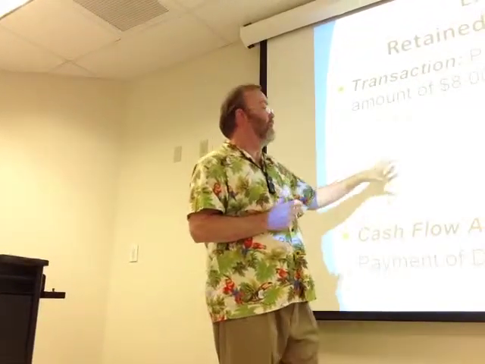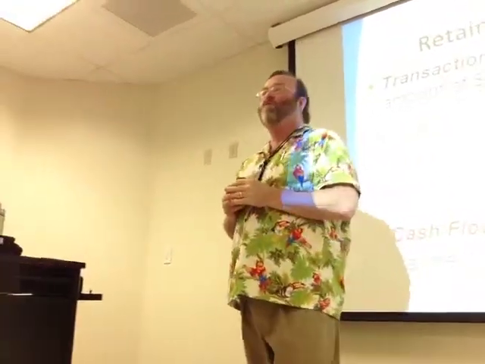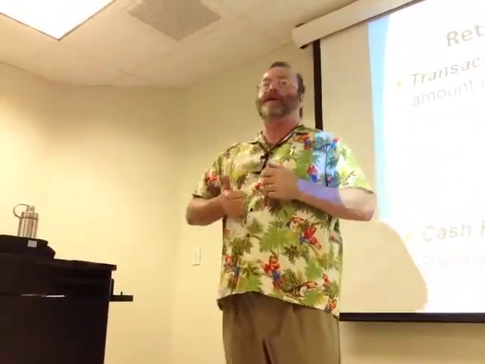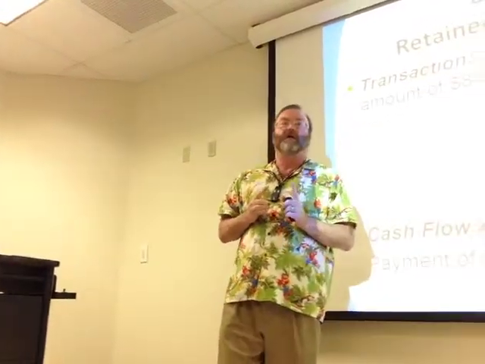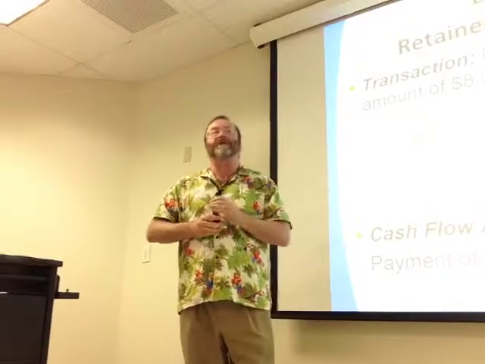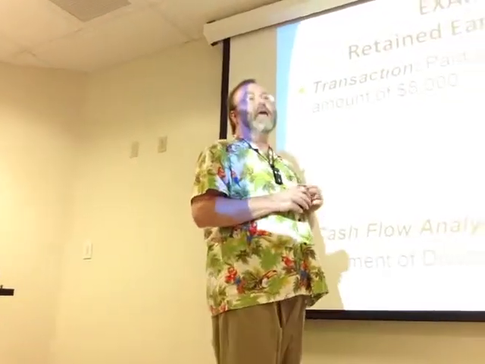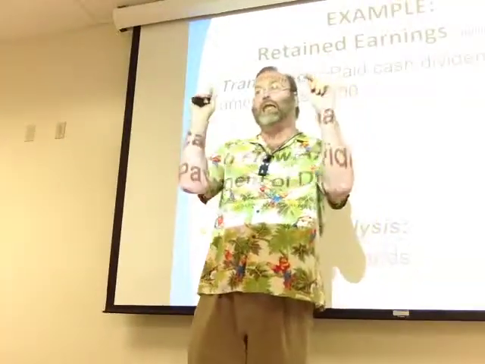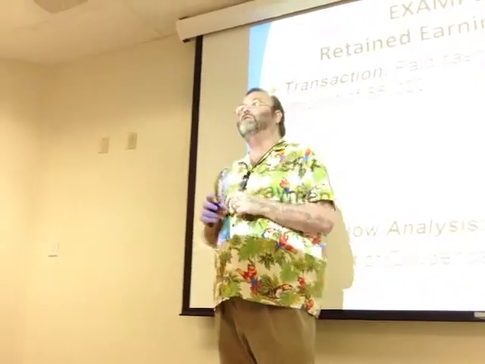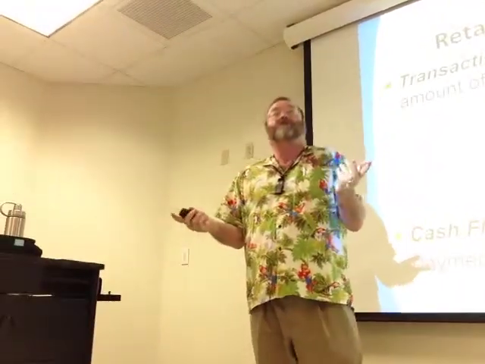Now I'm going to stop right there. If all I gave you was the income statement with net income on it and the comparative balance sheet, could you calculate how much dividends are? If I gave you the beginning balance of retained earnings and the ending balance of retained earnings, you subtract the two.